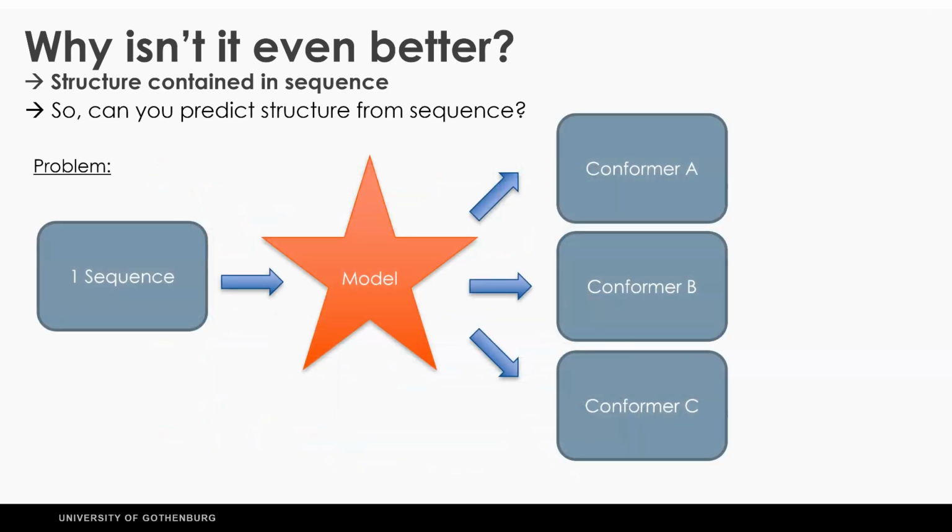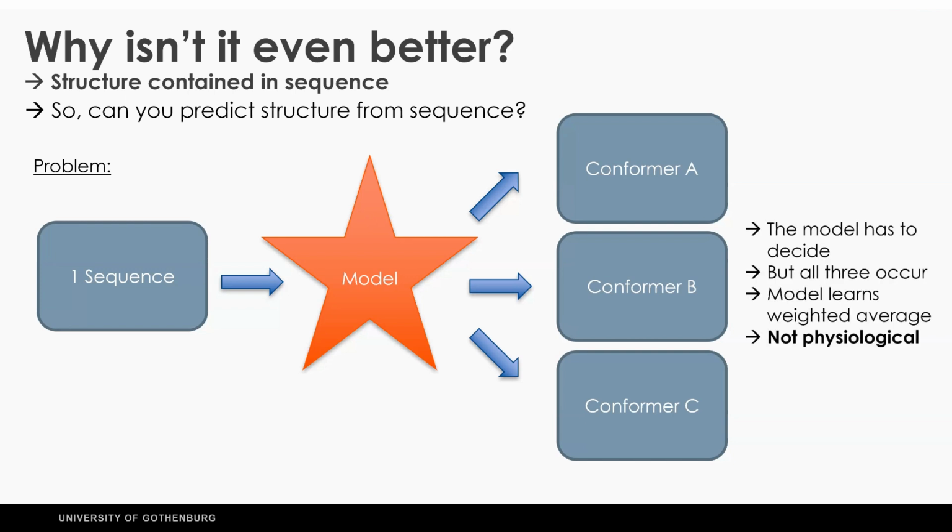So you have this classic one-to-many mapping, which machine learning models hate, where you have one sequence, you have multiple answers, and you don't even have the same number of answers, because if we want to use this word conformer as sort of a conformational cluster representative, then depending on the sequence, there might be more or fewer such conformers. So in the end, if you would train such a model, what it would learn to predict is some kind of average, which is true for none of the conformational states. So you don't want to do that. That would not be physiological, so it would not be a very useful model.